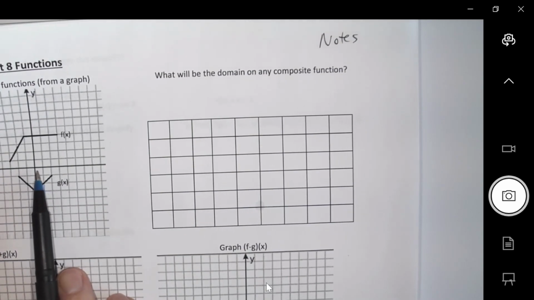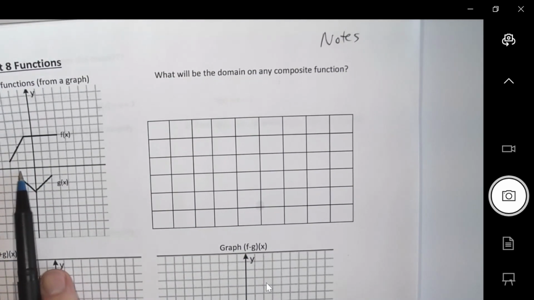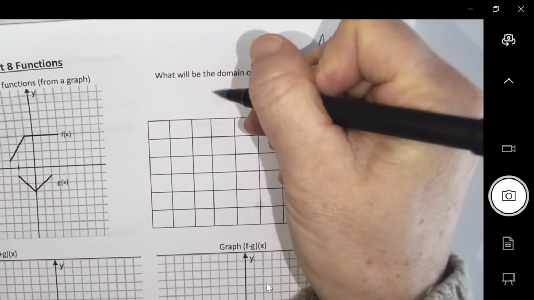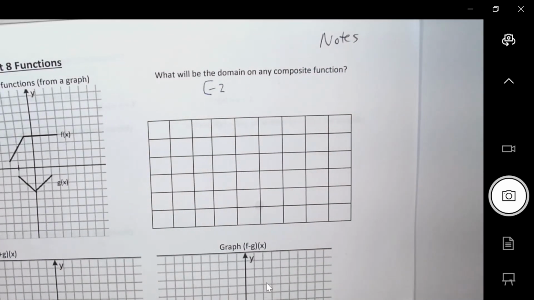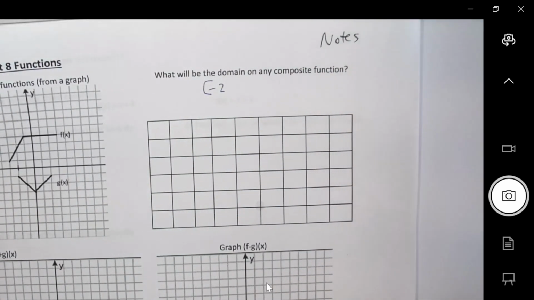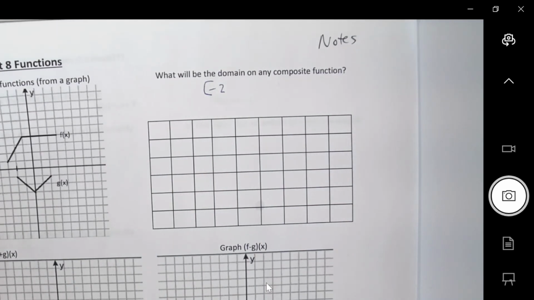How far left can we go where they both are? -2. And how far right can we go where they both exist?